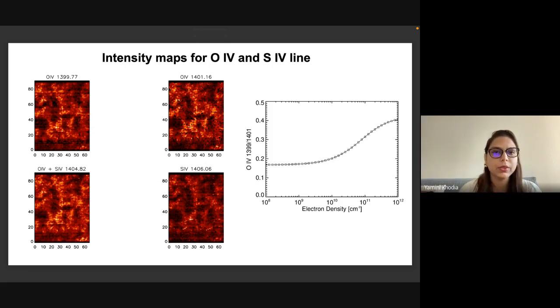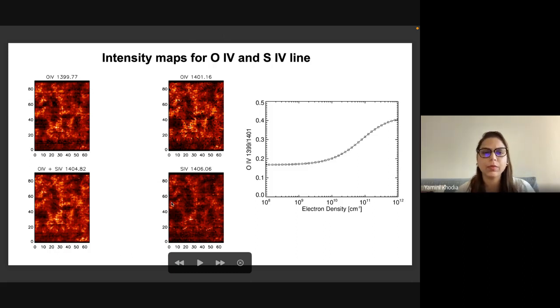So here you see the four intensity maps: oxygen 4 1399 and 1401, then the blended line oxygen 4 plus sulfur 4, and then the sulfur 4 1406 ratio. And then we have this theoretical ratio of oxygen 4, which generally ranges from 0.1 to 0.5.